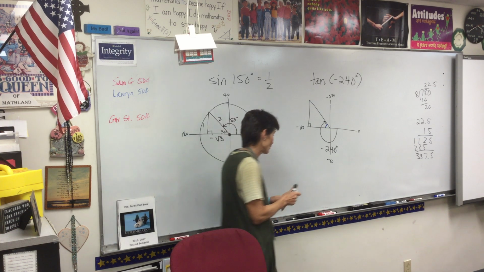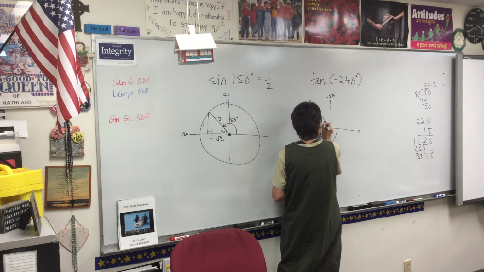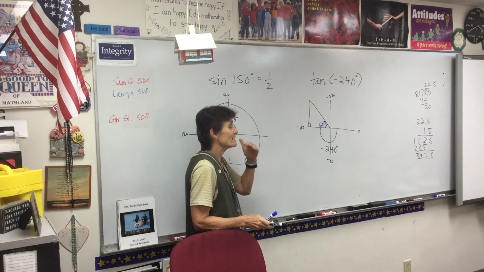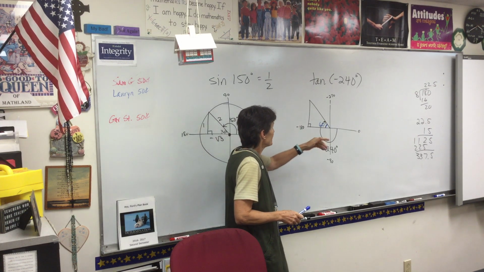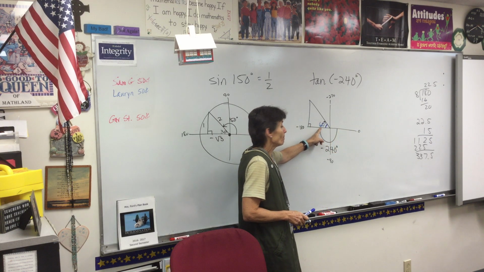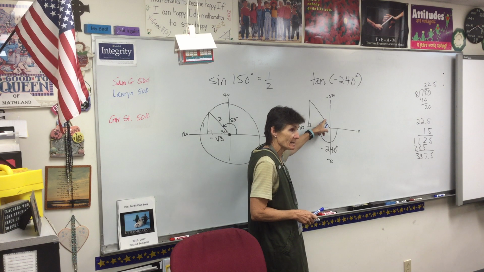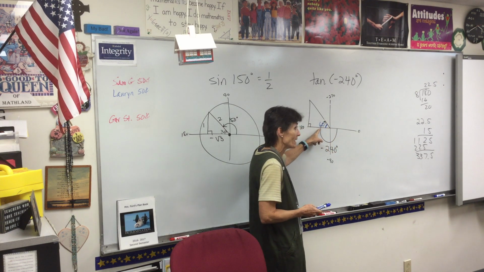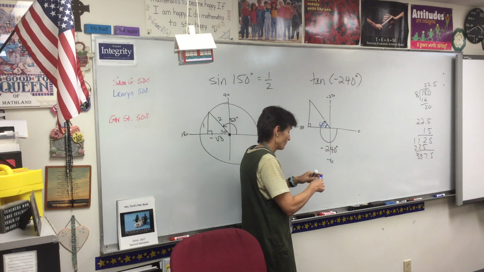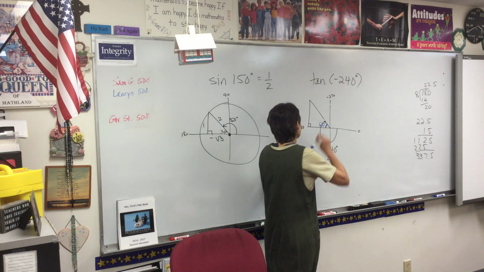60. You're exactly right. That's a 60-degree angle. And here's what he thought, I think. He said, look, from here to here is 180. But I went past 180, right? How much past 180 did I go if I went to 240?